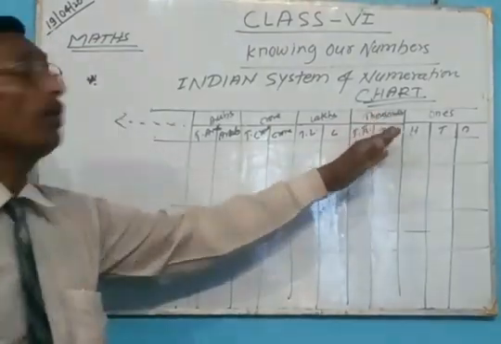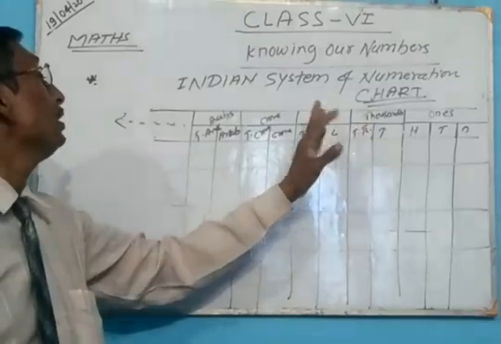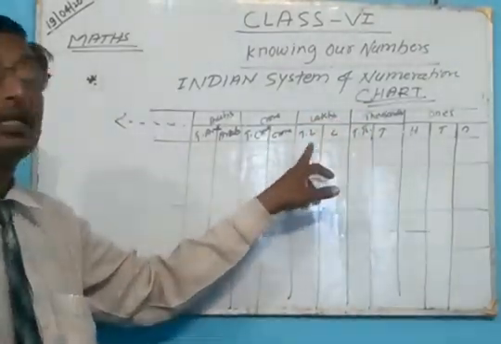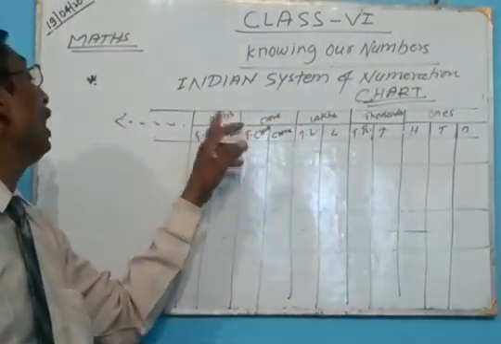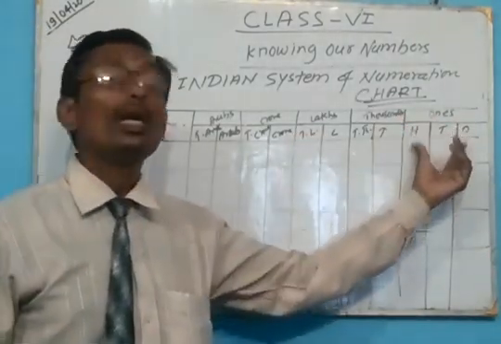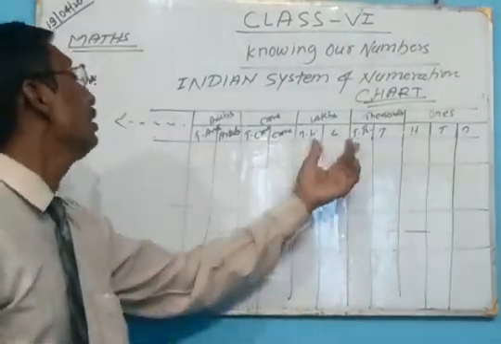Thousands is divided into two classes: thousand and 10,000. Lakhs is divided into two classes: lakhs and 10 lakhs. Crore is divided into two classes: crore and 10 crores, and so on.